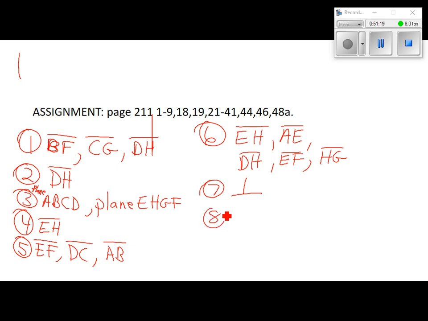Good enough. Sorry, I had to stop and think. Wouldn't they also be, they intersect but not on the same plane? Yeah, you could say they're intersecting, they intersect each other, something like that. But they're going to form right angles there, it looks like, so they're perpendicular.